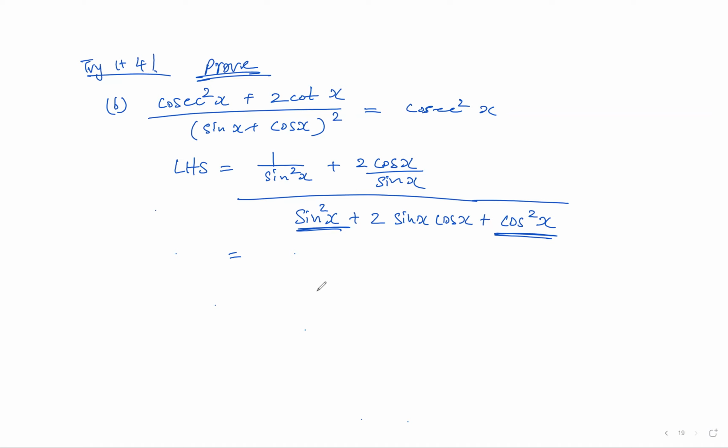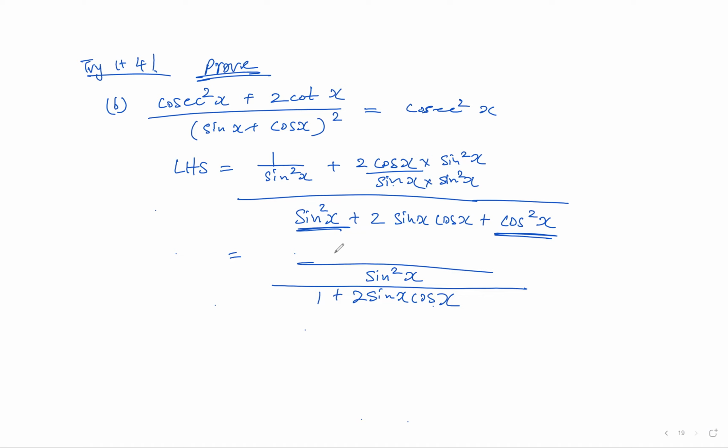So you can make it into 1 plus 2 sine x cosine x. Of course, you know that 2 sine x cosine x is your sine 2x. But don't complicate things yet. Leave it as it is. What you can do is times this by sine squared x so that you have a common denominator. On top, you have 1 plus 2 sine x. Sorry, my mistake, it's just sine x only.